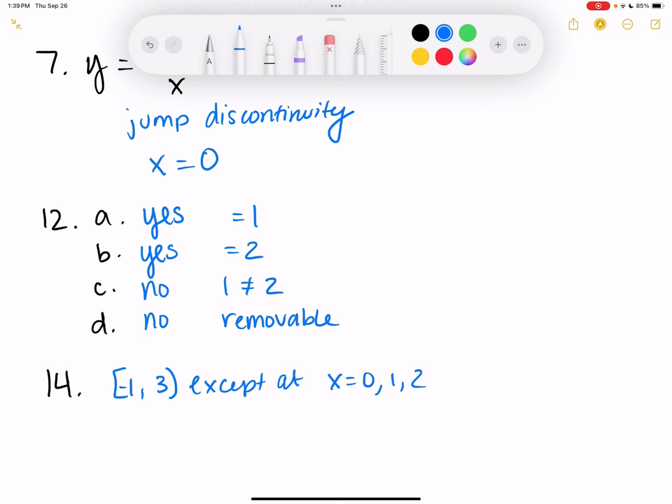And then part 16 really fast. What new value should be assigned to f of 1 to make the function continuous at x equals 1? So basically, what did the limit equal? 2. So it needs to be equal to 2.